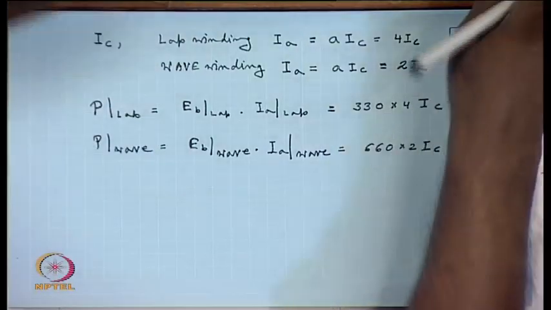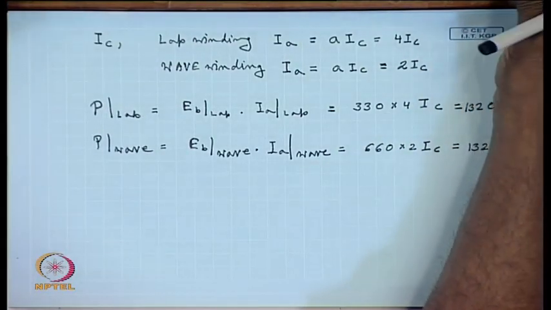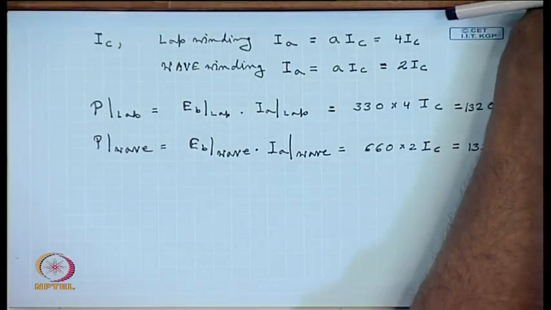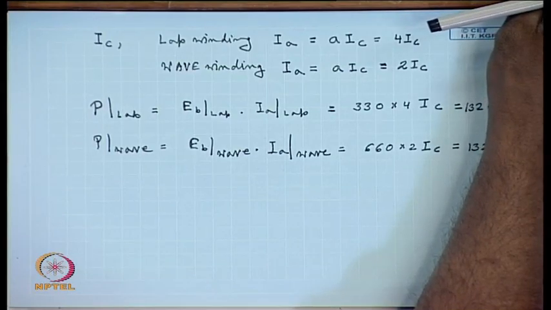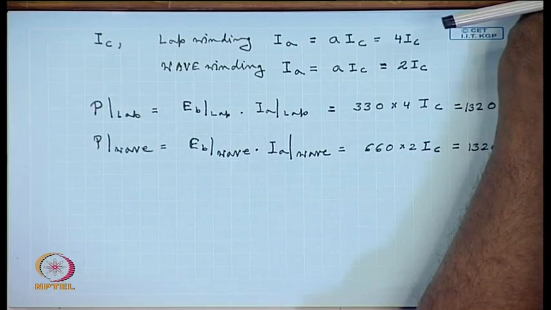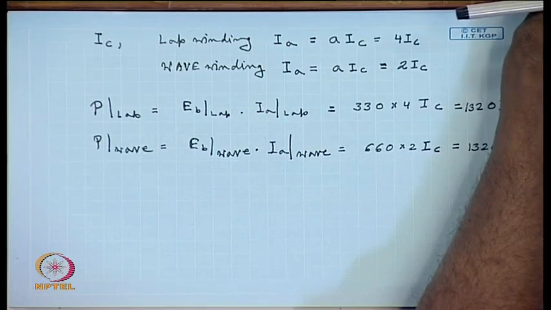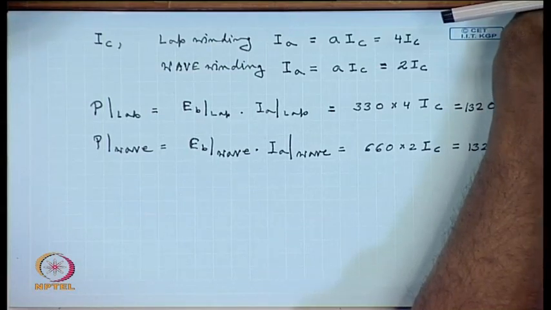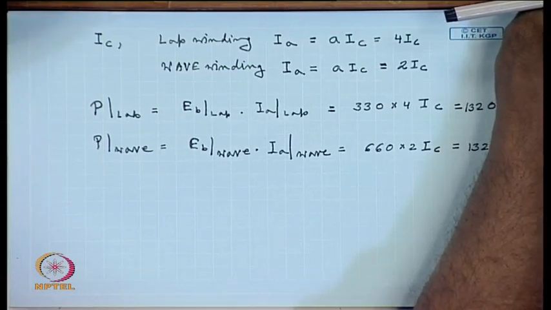So, we see although the generated voltage at the same speed will be higher for the wave connected machine, its armature current will reduce and hence the total power produced as a generator, either due to wave connection or due to lap connection, will remain the same.